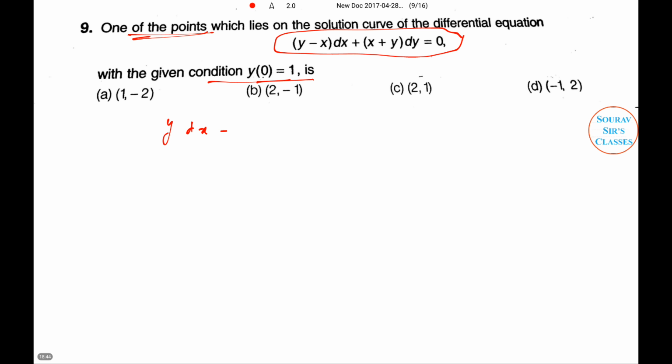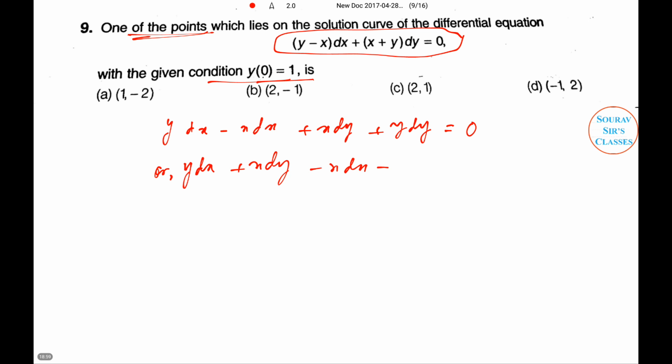So this will be y dx minus x dx plus x dy minus y dy equal to 0. So y dx plus x dy, I'm just changing the position, you can see, minus x dx, minus y dy equal to 0. So in the very next line we can write d of xy minus (x dx plus y dy) equal to 0.